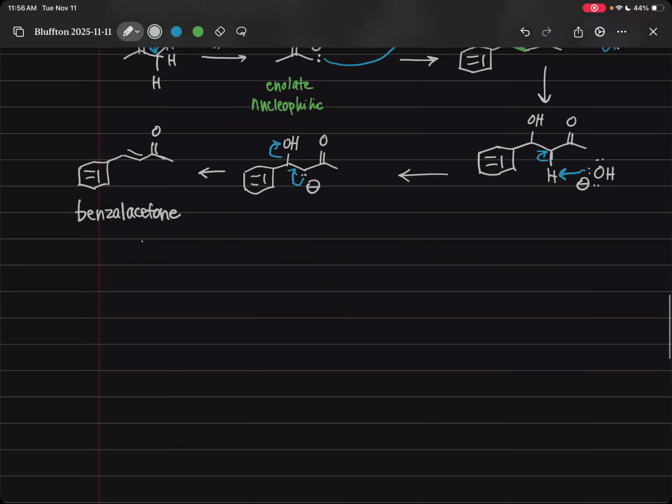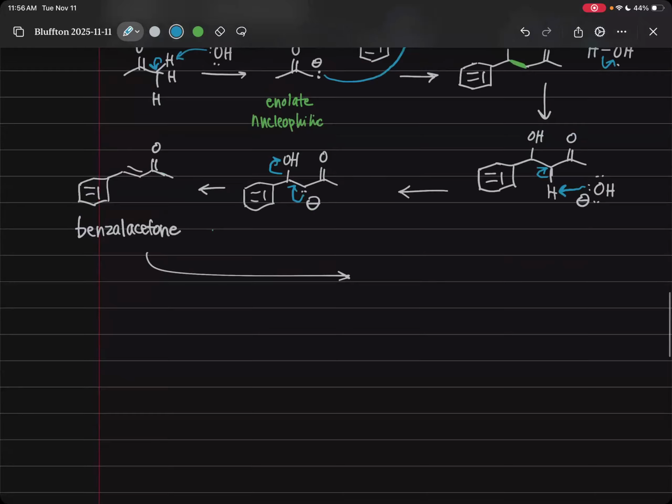But then benzyl acetone undergoes another addition condensation with another equivalent of benzaldehyde.